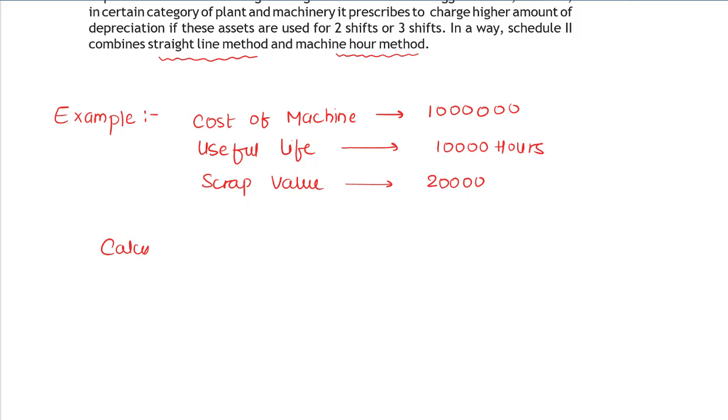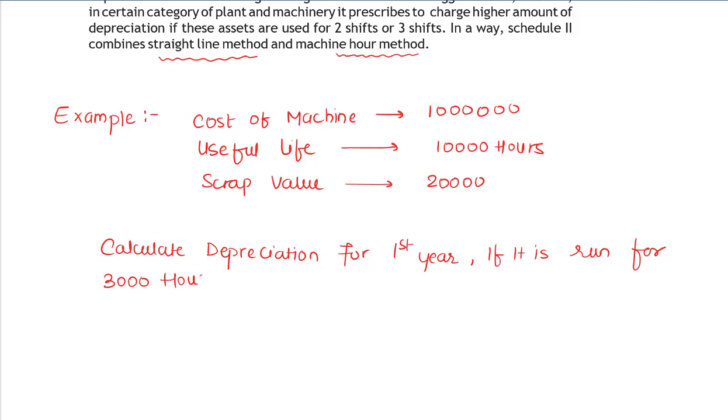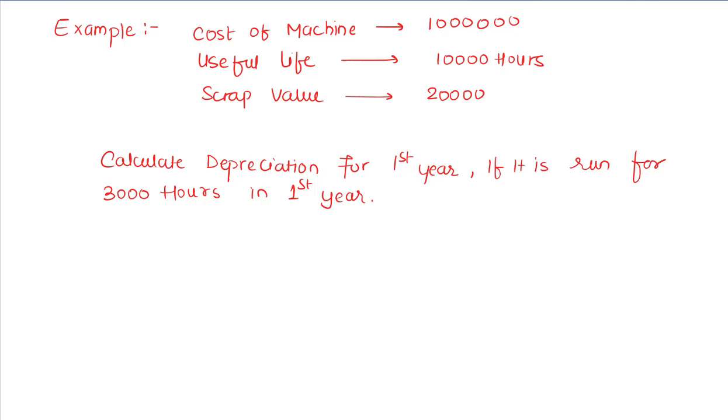Calculate depreciation for the first year if it is run for 3,000 hours in the first year. So we need to calculate depreciation on the basis of its usage, the machine hours actually used.